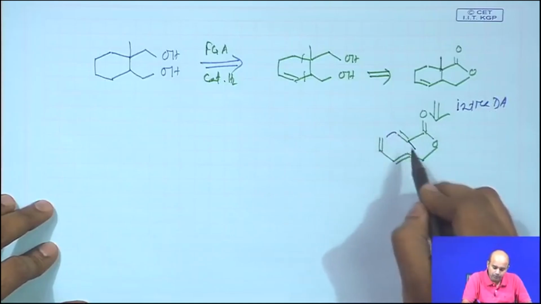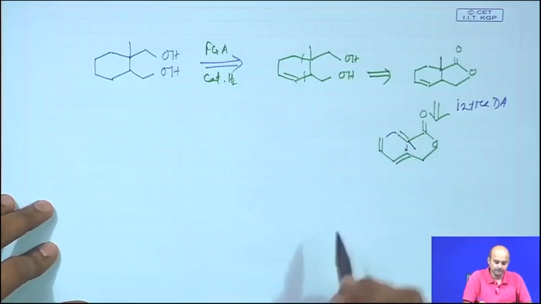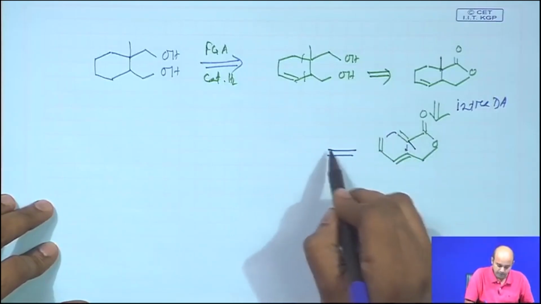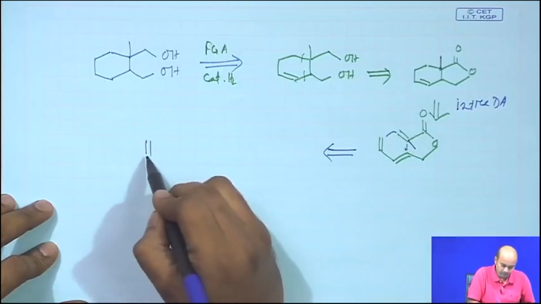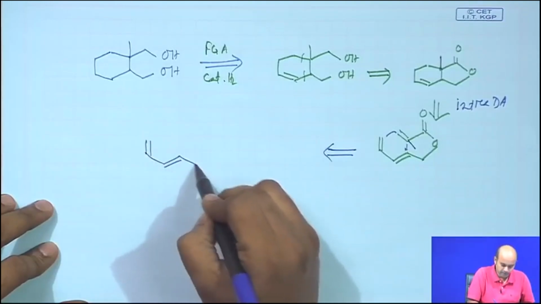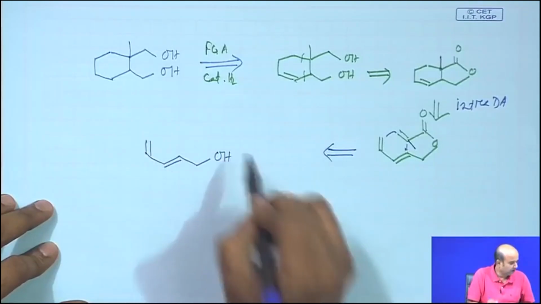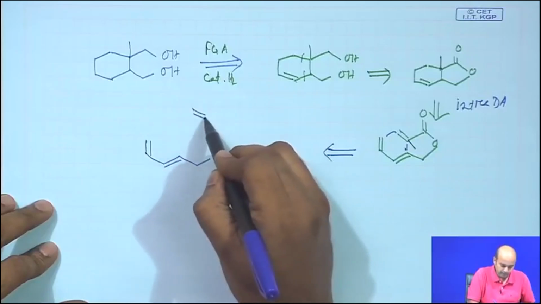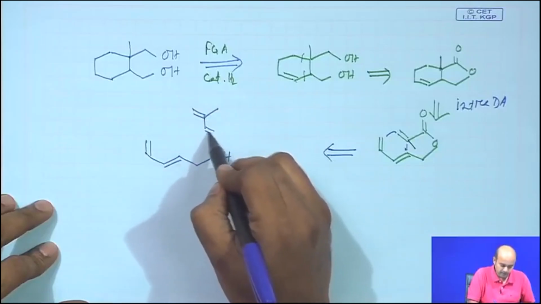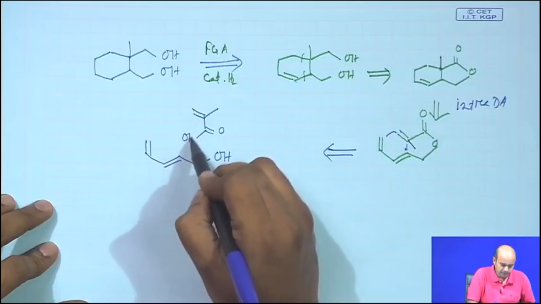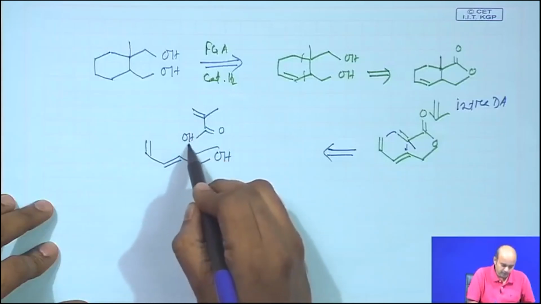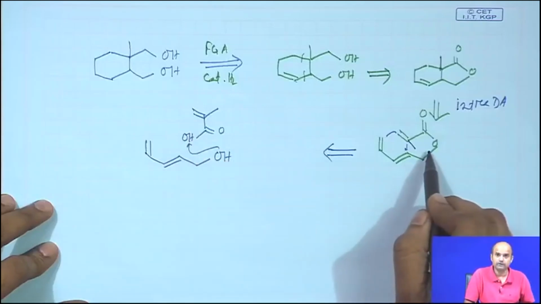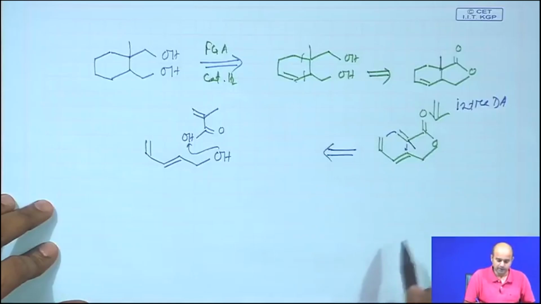So, now this 4 plus 2 takes part, and how can this compound be synthesized? This compound can efficiently be synthesized from this allylic alcohol, and you react with the corresponding acid. So, you do an esterification reaction, you get this and then do an intra Diels-Alder.